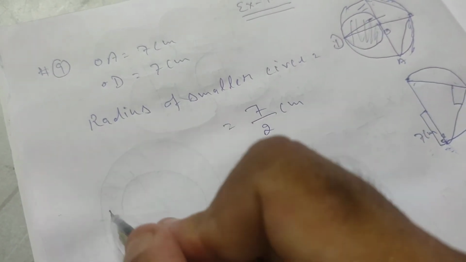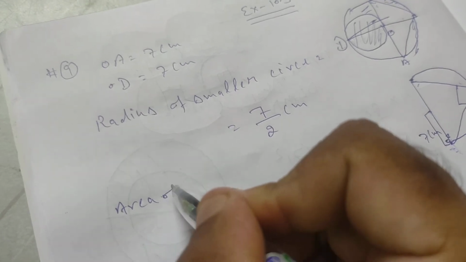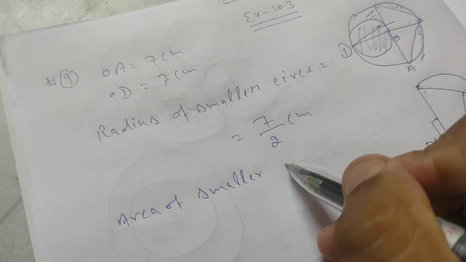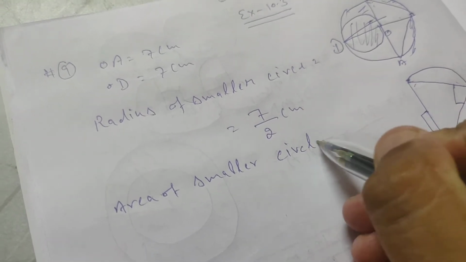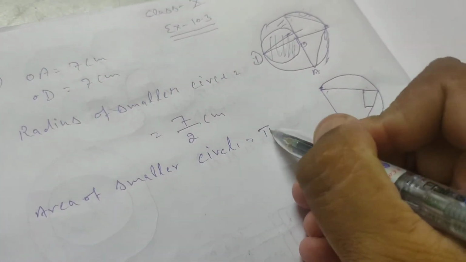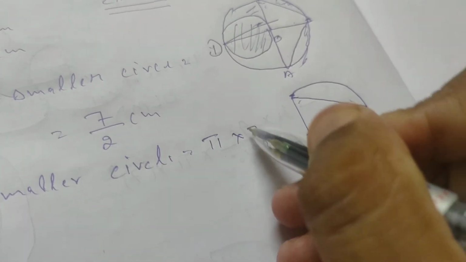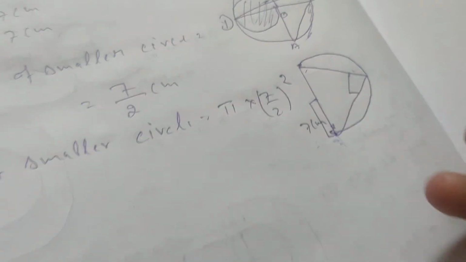So the area of the small circle is pi r square, 7 by 2 complete whole square.